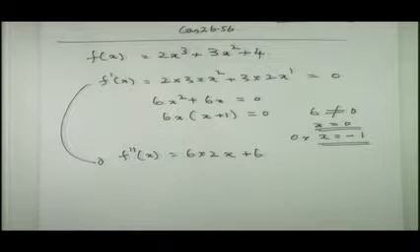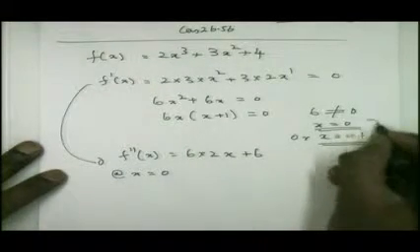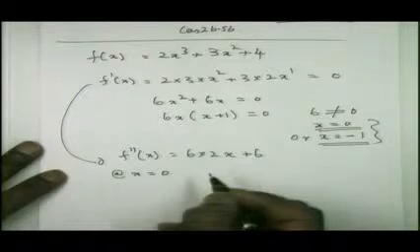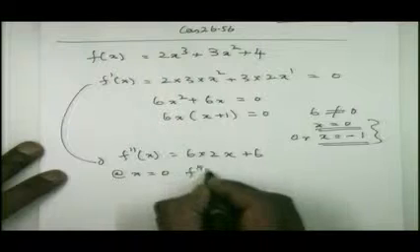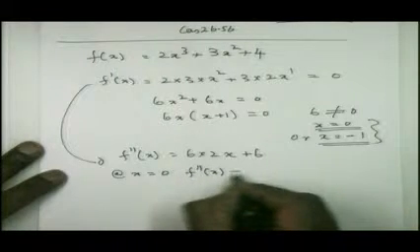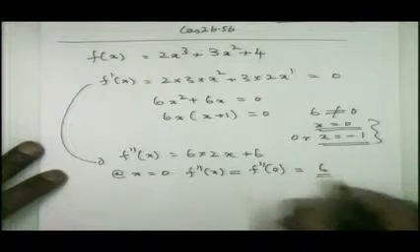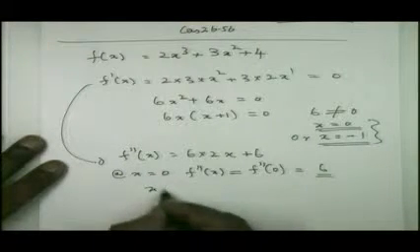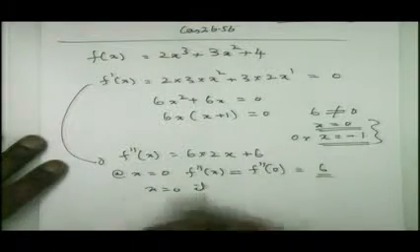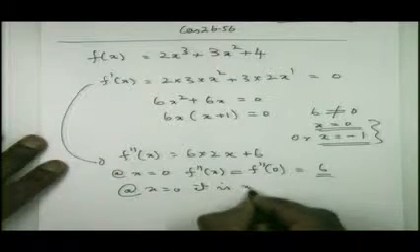At x equal to 0, f double prime 0 is equal to 6, correct? So at x equal to 0, it is a minimum.